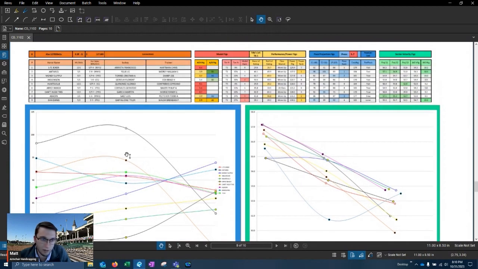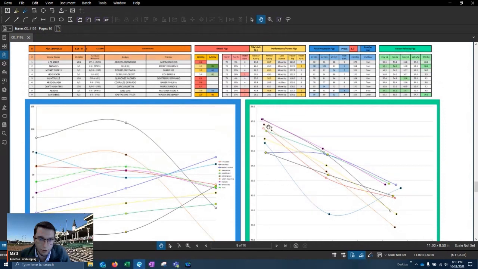I expect the 7 to be out there pretty early, both high sector 1 velocity, high E1 pace, high E2 pace, middle of the pack velocity, and then sector 3 velocity off the table.